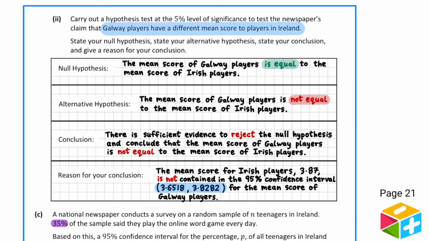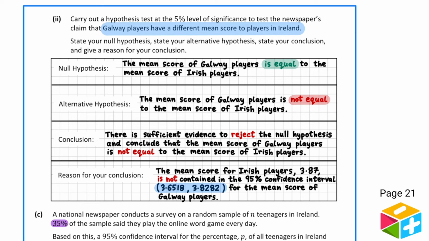Well, if we're assigning 95% confidence to be inside the interval, then the remaining 5% will be for being outside the interval. The null hypothesis states that the mean score of Galway players is equal to the mean score of Irish players.